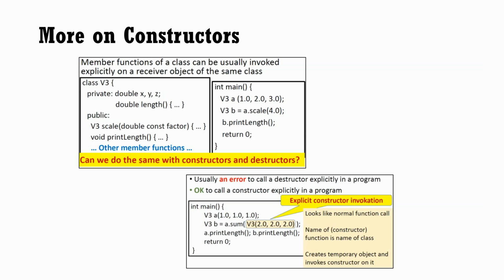Whenever you do that, an anonymous object is instantiated. Anonymous means no name. You see that the object that got instantiated here doesn't have any name.